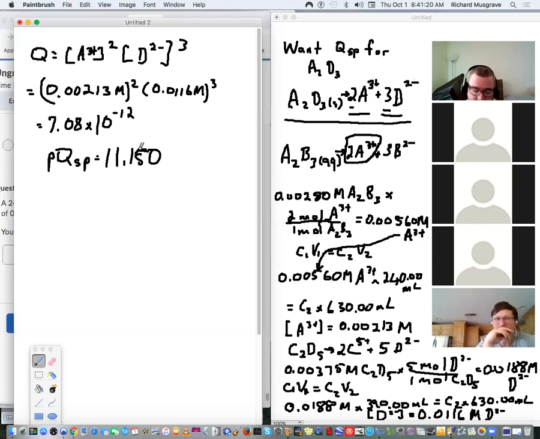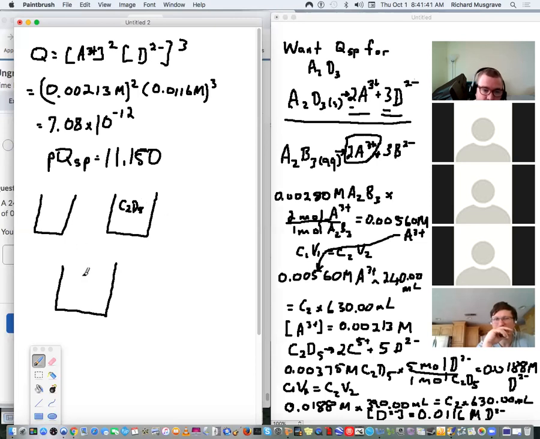The answer lies in what we're doing here. We have the initial solutions, and then we have the final solution, but they're 2 different kettles of fish. So this is C2D5 in here, which of course will lead to 5 D's in the initial solution.